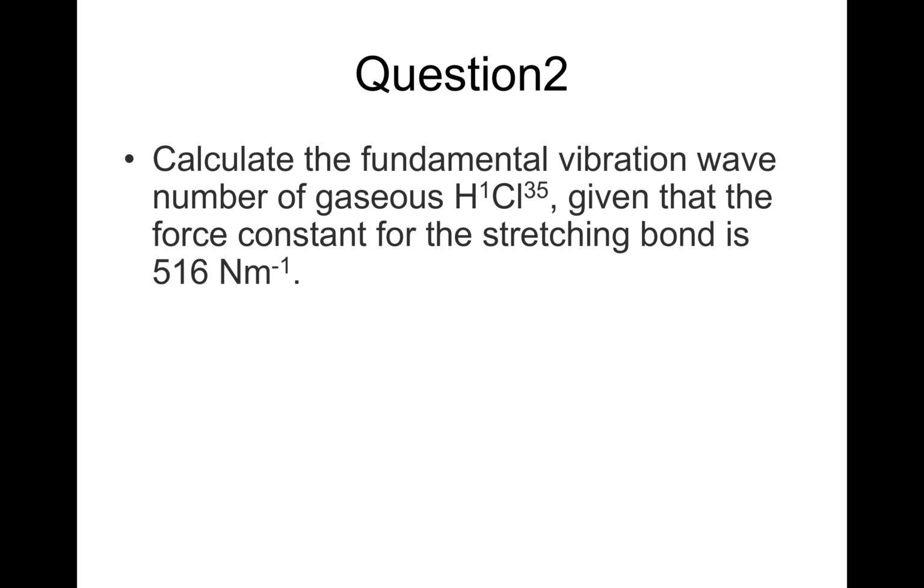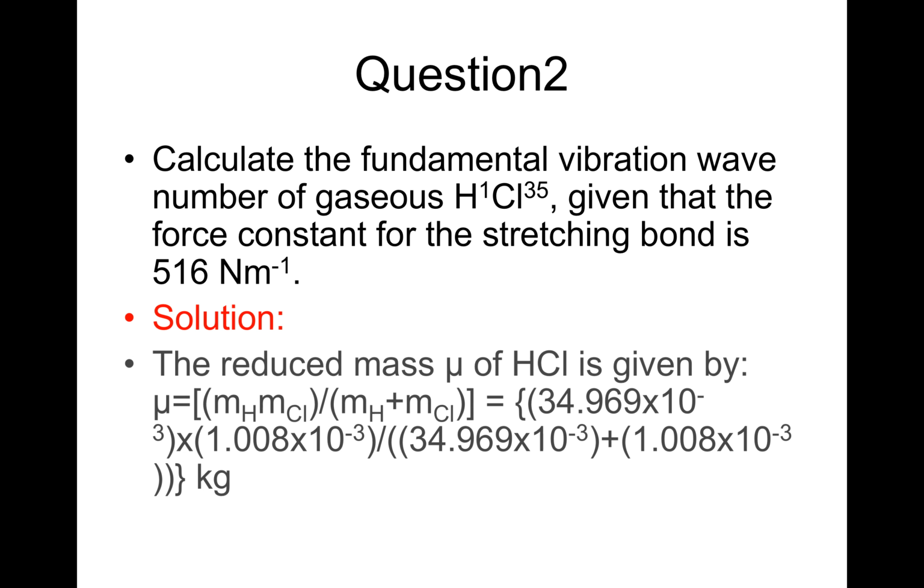Another question. Calculate the fundamental vibration wave number of gaseous H1Cl35, given that the force constant for the stretching bond is 516 newtons per meter. Solution. Here the reduced mass mu of HCl is given by mu is equal to m_H times m_Cl over m_H plus m_Cl, which when we substitute gives you that.